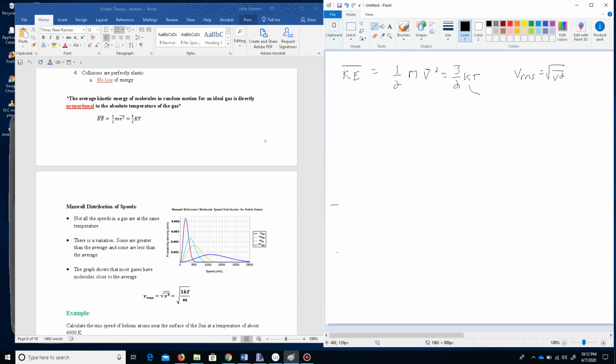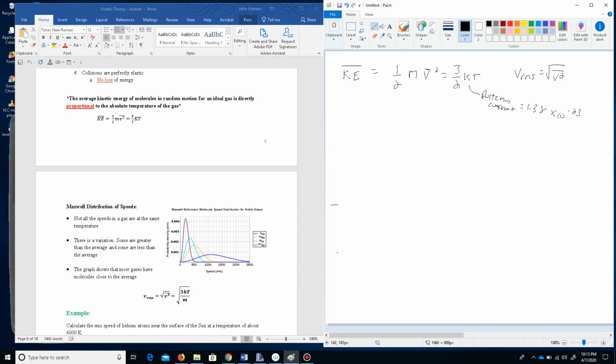Well, k here is the Boltzmann constant that we just covered, which is equal to 1.38 times 10 to the negative 23rd. Right, and so what we have here is this average kinetic energy is directly proportional to the temperature. So if you measure the temperature, you have an idea of the average kinetic energy as well.